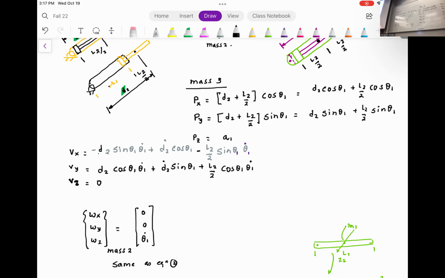Okay, mx3 is equal to m3, my3 is equal to m3, mz3 is equal to m3, and Ixx3, Iyy3, and Izz3 are zeros because the radius of gyration is 0.